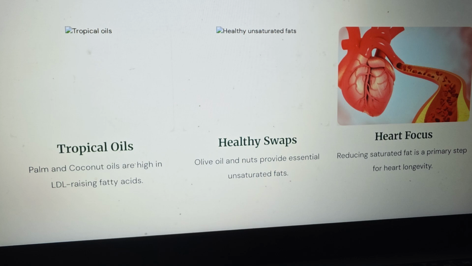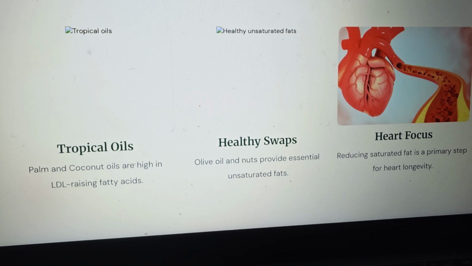Tropical oils, palm and coconut oil, are high in LDL-raising fatty acids, so we need to be conscious of consuming this kind of oil. Healthy swap: healthy unsaturated fats, including olive oil and nuts, provide essential unsaturated fats. So these are a good mechanism to balance between the saturated and unsaturated ones, and we need to consume them by comparing the amount we are taking daily.